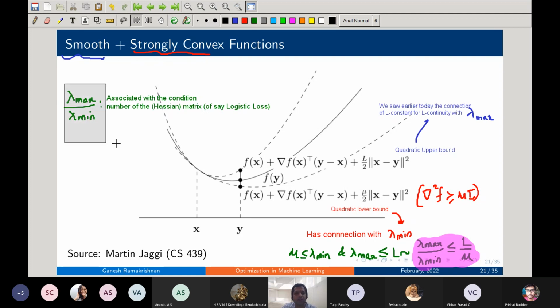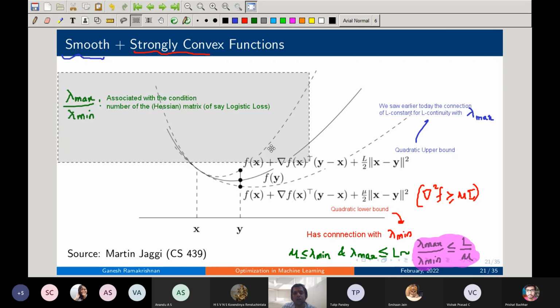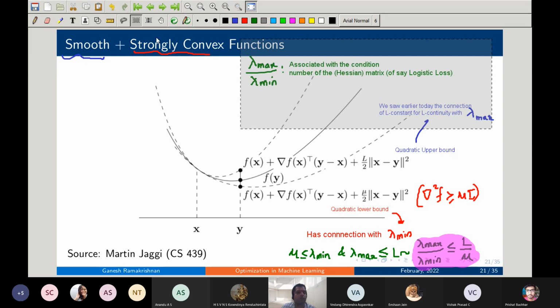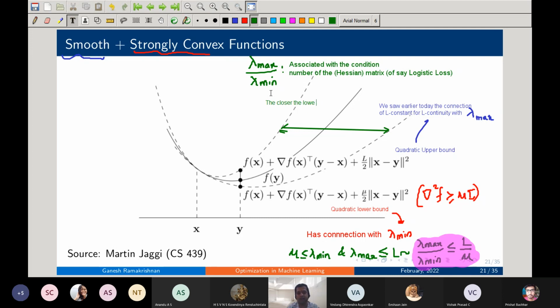Okay, so let me just associate this with the point at the top. What we are trying to say is, in general, the closer the lower and upper bound curves are, the better the conditioning, or behavior of the algorithm, will be.